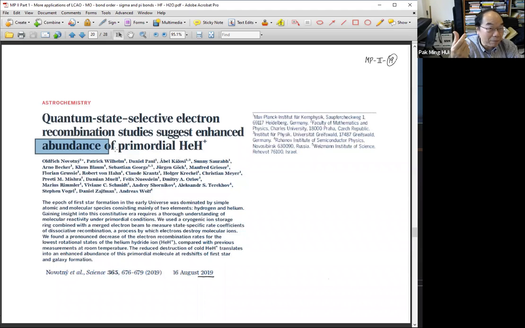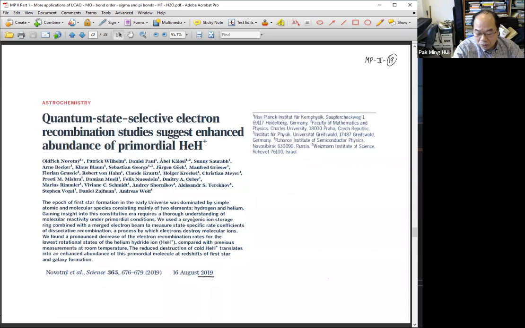Therefore, you can predict what percentage you should observe around a region. So this paper got into Science, and they measured the abundance and found some so-called enhanced abundance, signaling that we may need to consider the nuclear reactions again more carefully.